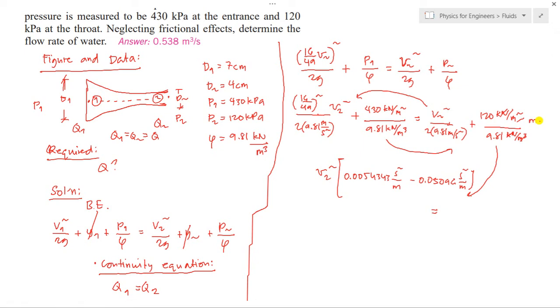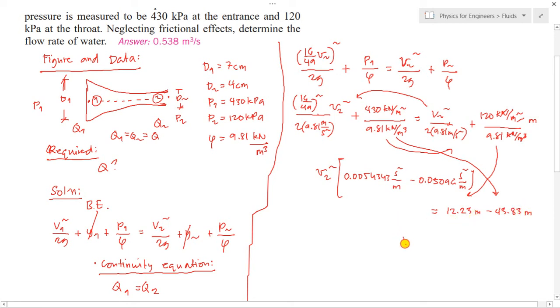The answer is 12.23 meters minus, since we transposed, so minus 430 divided by 9.81, that is 43.83 meters, approximate value.